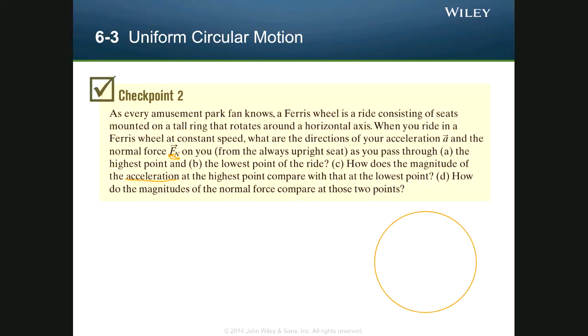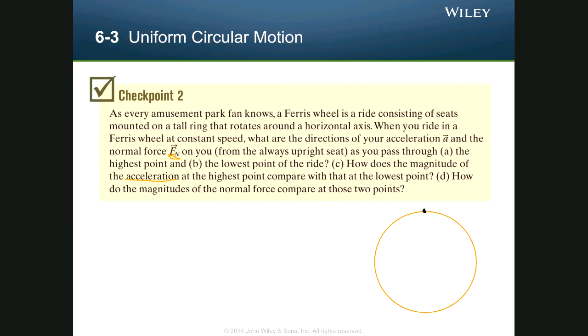So the first thing it wants to know is what are the directions of your acceleration and the normal force on you as you pass through the highest point. So that's A. The highest point would be here, right?